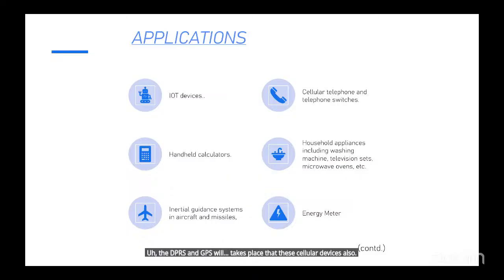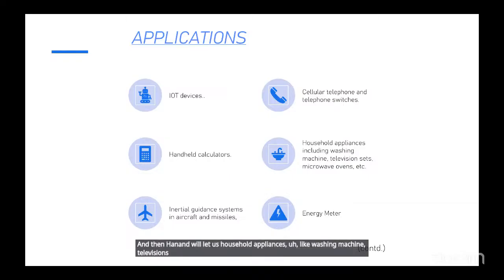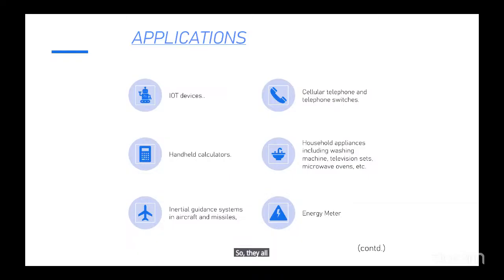Then handheld calculators and household appliances like washing machines, televisions, microwave ovens, fridges, ACs. They all have their own embedded software and hardware, and they are the best examples of embedded applications.